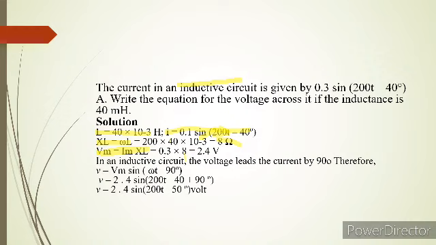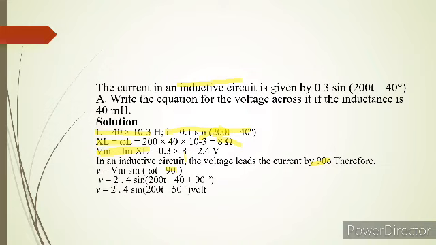So we have to use the formula first. Because in an inductor the voltage leads the current by 90 degrees, we take this equation: Vm sine omega t, the same thing, but they have given the angle here. So we have to find the voltage including this angle. We already know Vm.